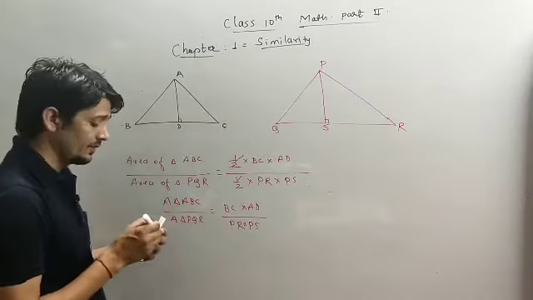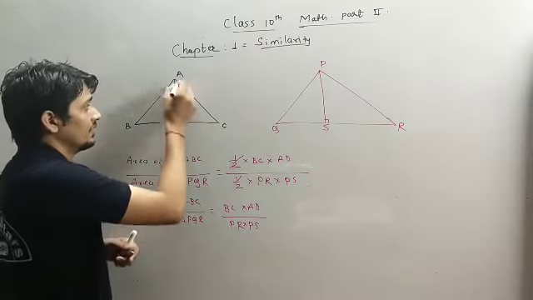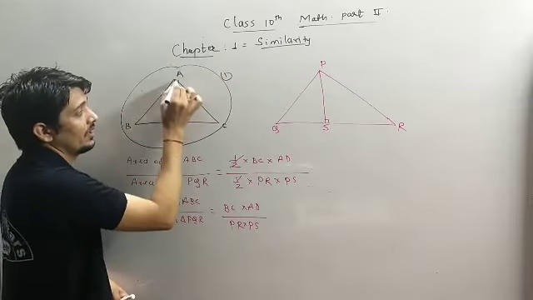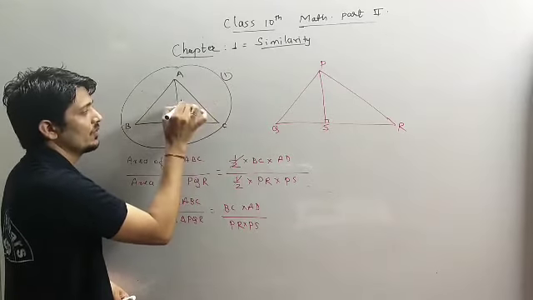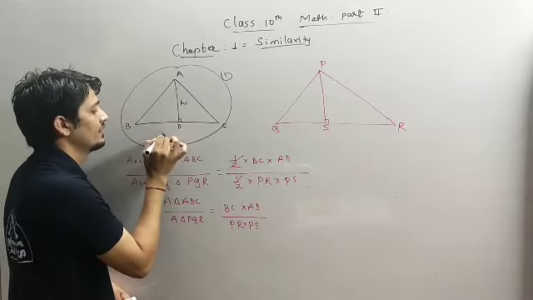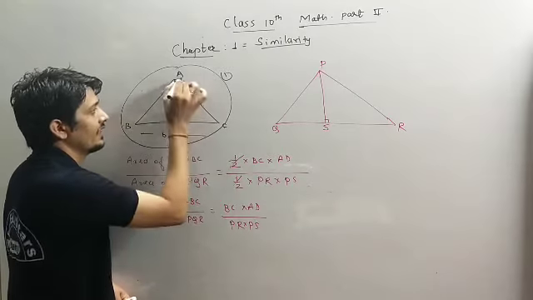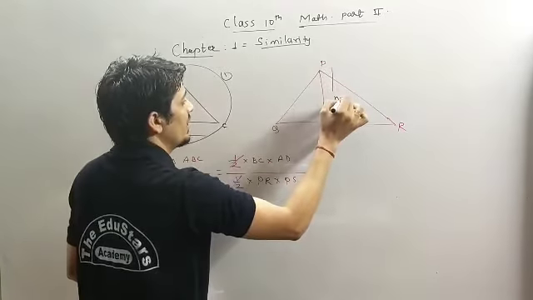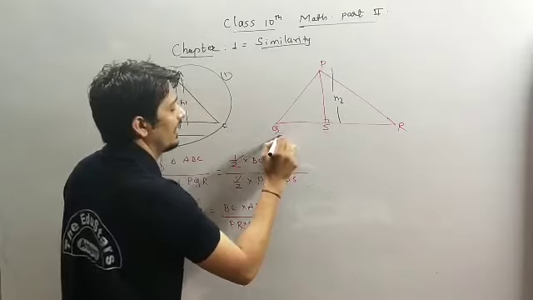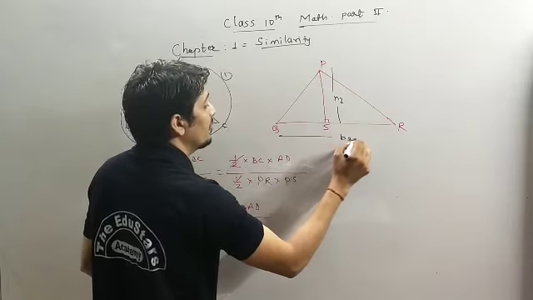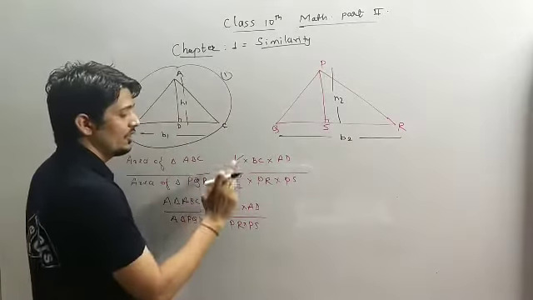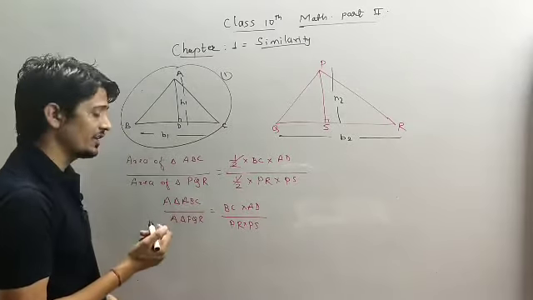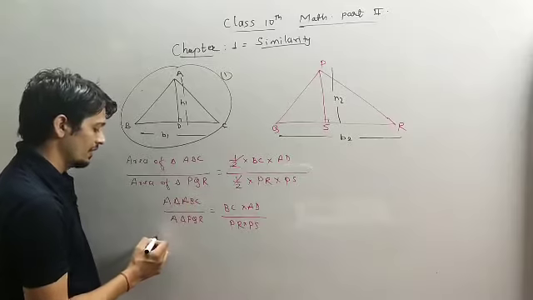So this is triangle number 1. The height AD of triangle 1 is H1 and the base is B1. For the other triangle the height will be H2 and the base will be B2. So instead of writing BC and AD, we can write H1, H2 and B1, B2.